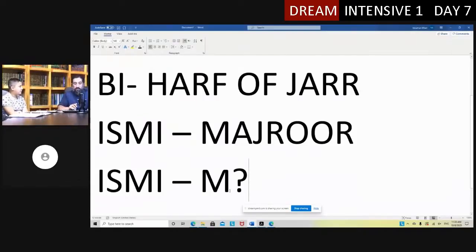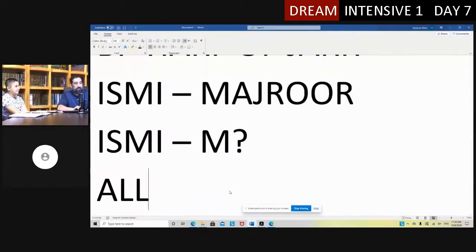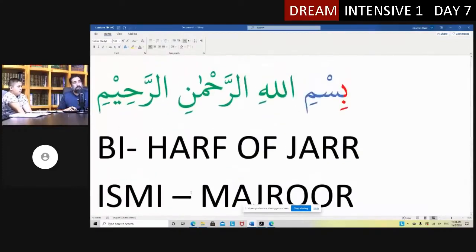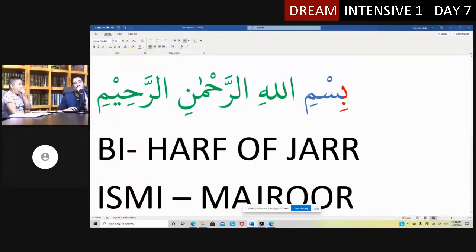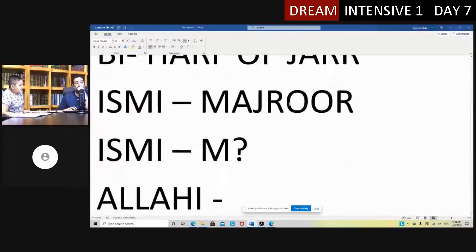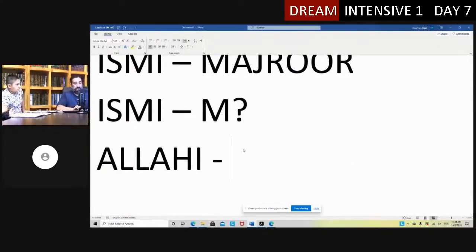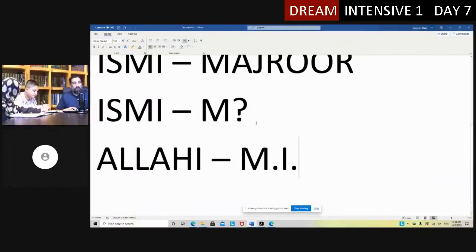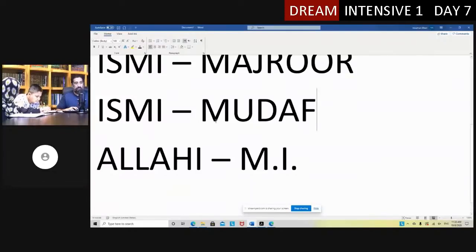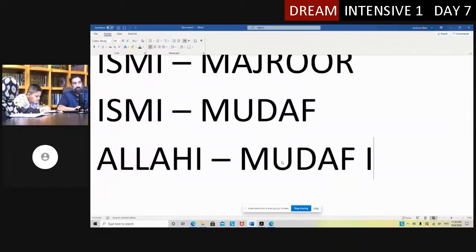Mudaf ilayh. So the next word is the word Allahi. Is the word Allahi a mudaf ilayh? Yes, because it's jar. So I'm going to say the word Allahi is a mudaf ilayh. So I'll take the question mark off. This is mudaf. And this is mudaf ilayh.